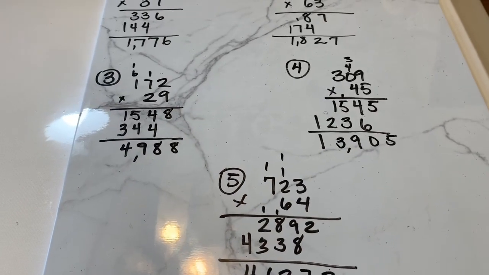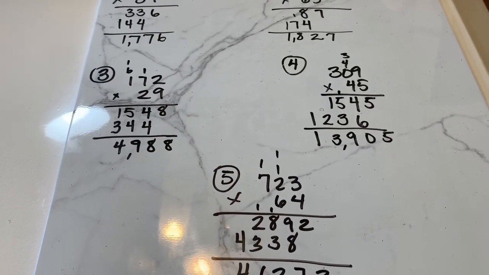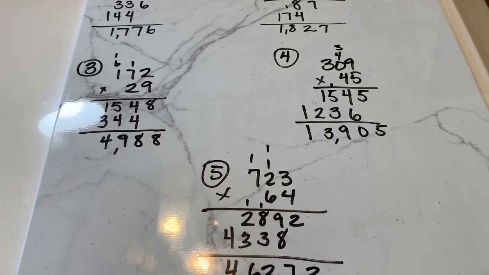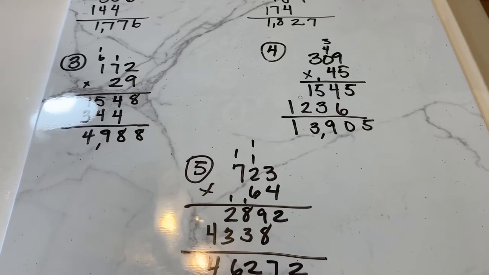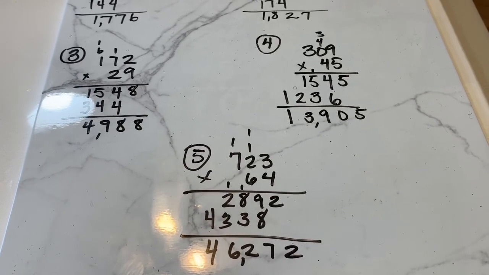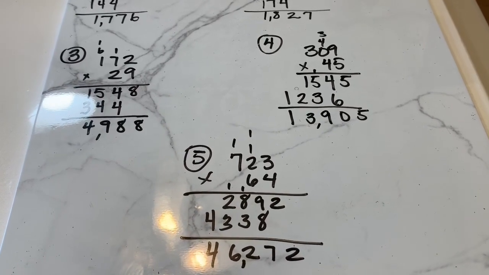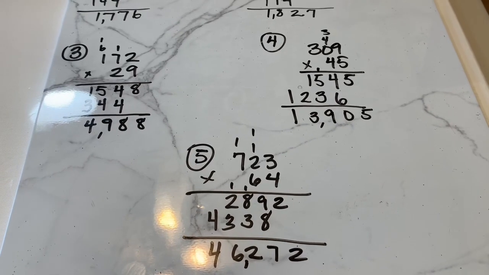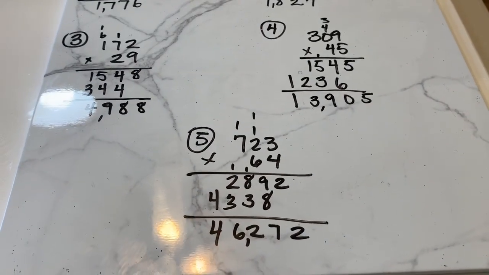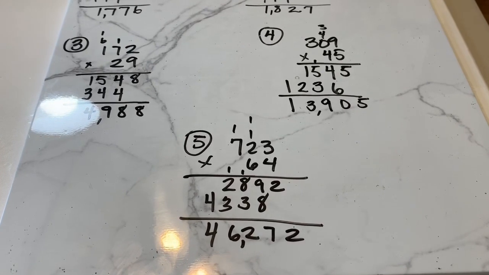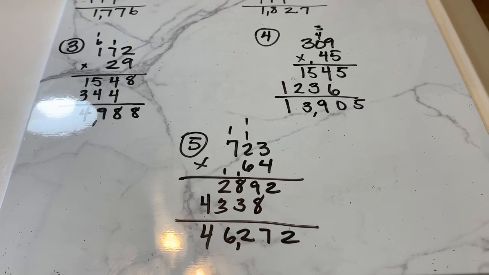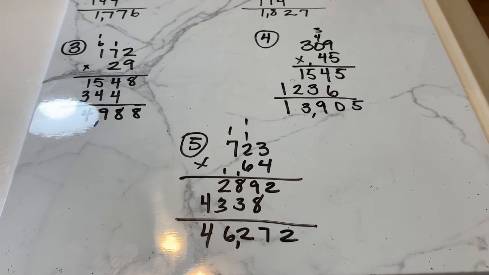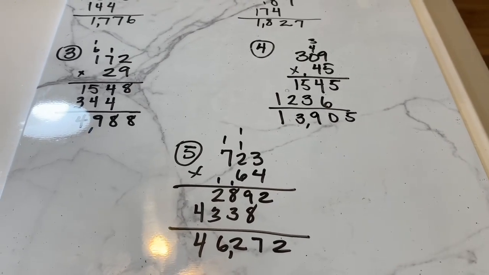Number 3, the product of 172 times 29 is 4,988. Number 4, the product of 309 times 45 is 13,905. And for number 5, our bonus, the product of 723 times 64 is 46,272. How'd you do?